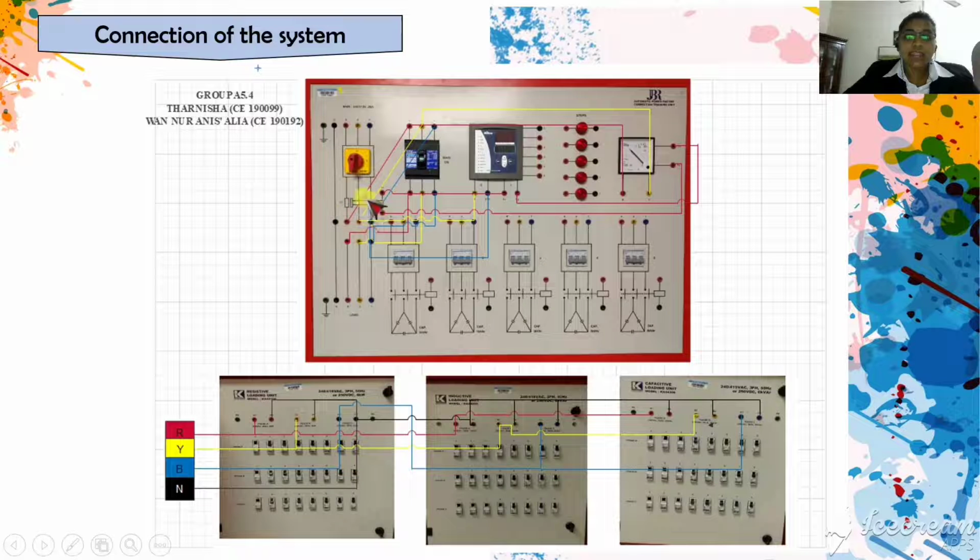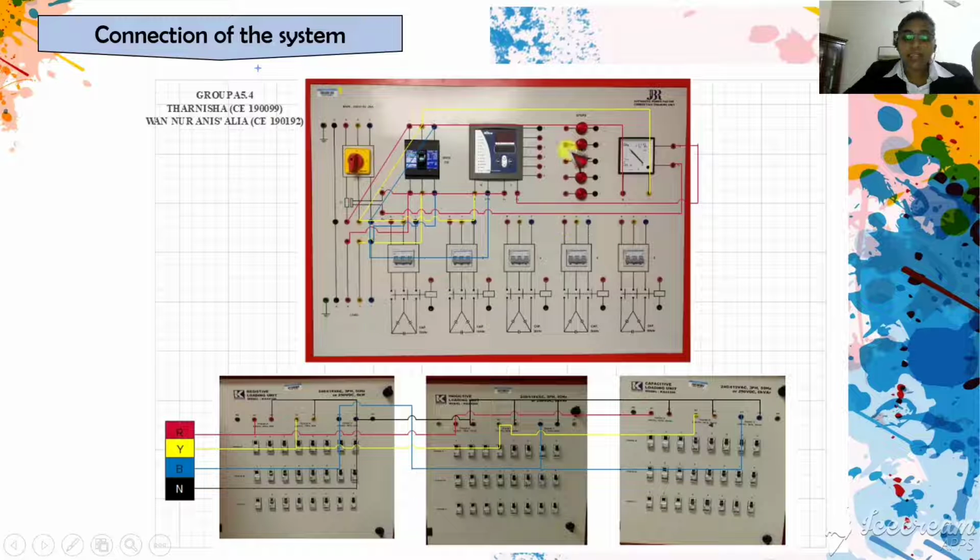Next, the yellow phase and also blue phase are connected to the digital measurement unit from the main supply. Then these wires are connected to the outgoing of the main CB, while the red, yellow, and blue are connected respectively to the outgoing of the main circuit breaker.